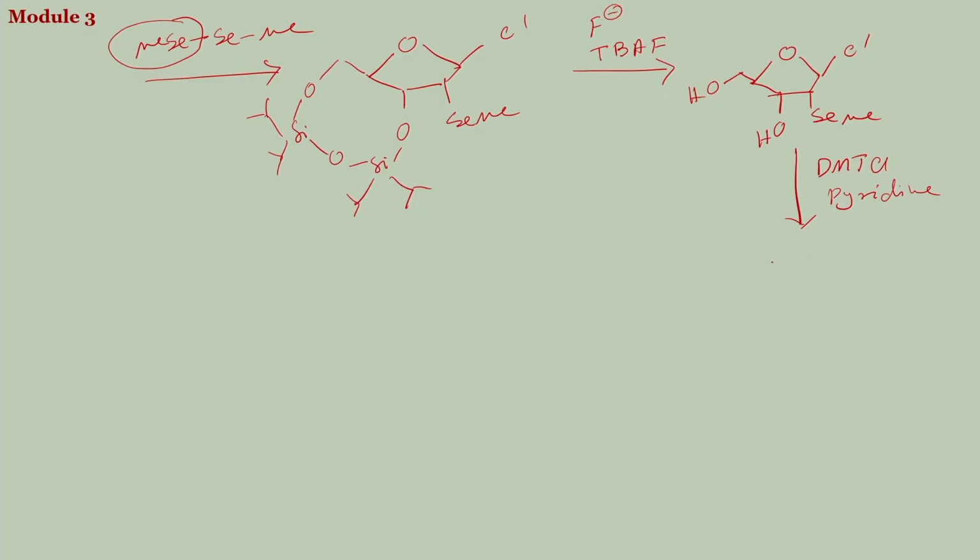So, dry pyridine is usually used. OAc, OH, and you have O DMT. DMT chloride, because DMT has a larger size, only reacts at the 5 prime position. I think I have shown the structure of DMT before.